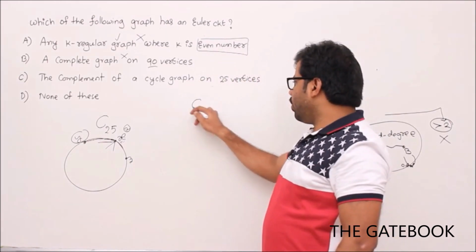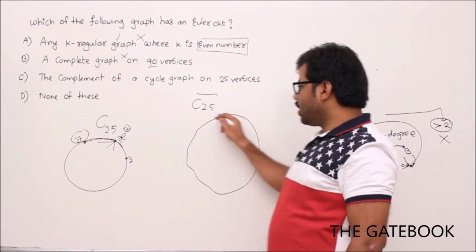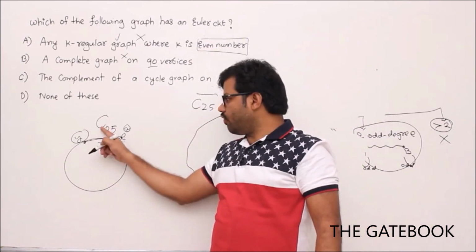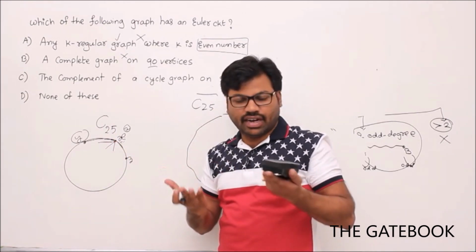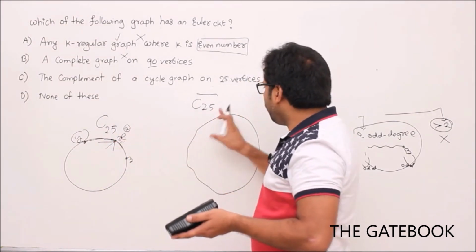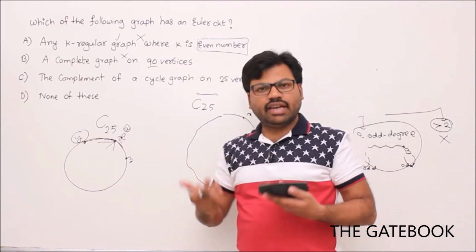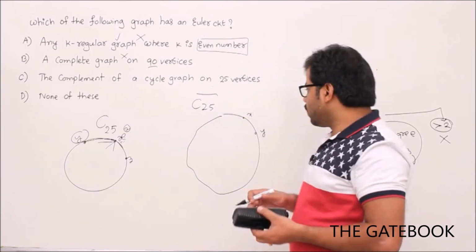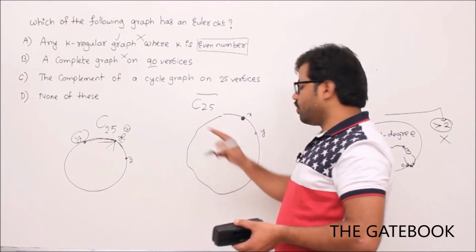Since C25 bar has a symmetric structure, why symmetric structure? Because C25 has a symmetric structure, every vertex has the same kind of adjacency, so when you apply complement, the corresponding vertices definitely will have the same kind of adjacency, right? So what I prove is that X is connected to everything first.